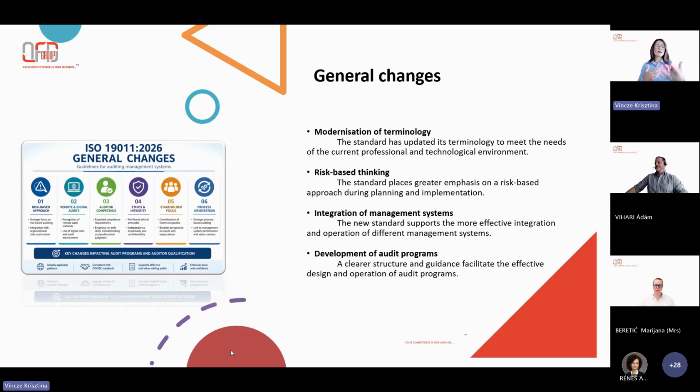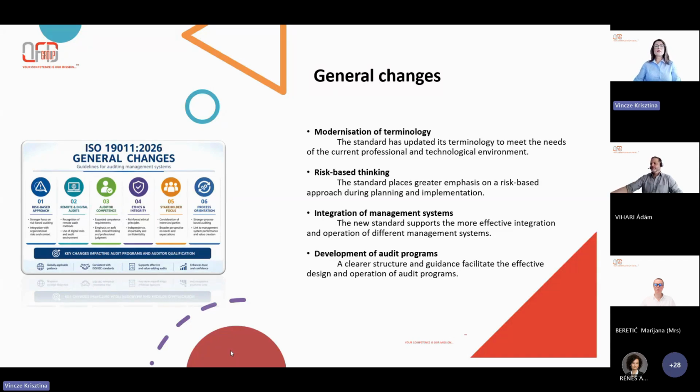We have to review and learn how to focus on risk-based thinking. Of course, there will be new items regarding the integration of the management system. We have to take care how the new standard can more effectively support our quality system and our whole organization, through our production processes and also the support processes.